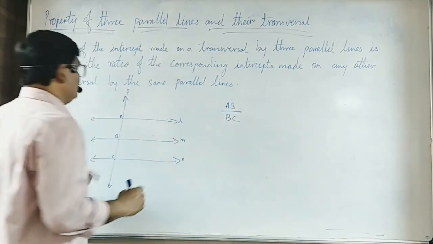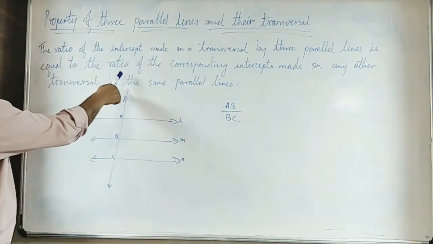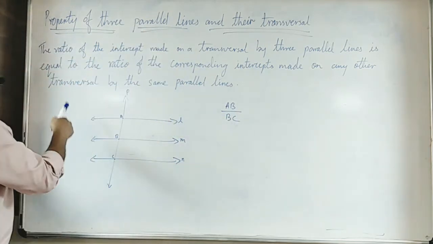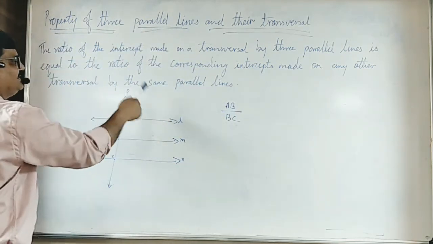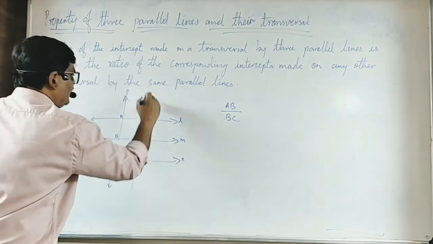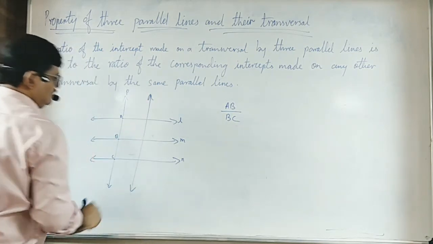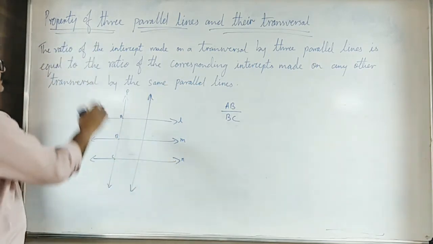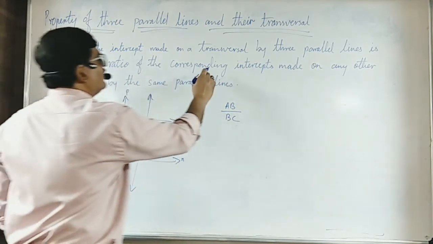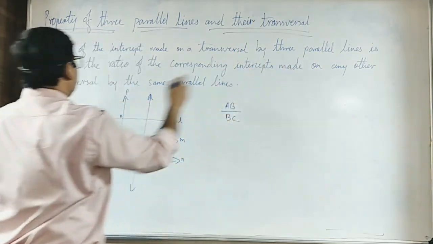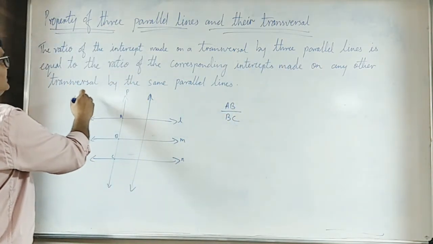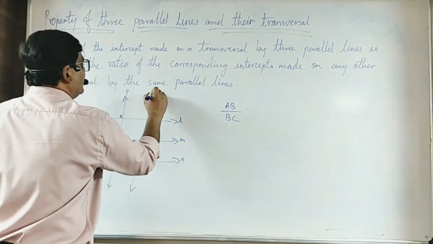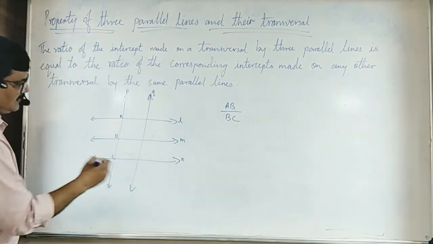AB upon BC is equal to the ratio of the corresponding intercepts made by any other transversal on the same parallel lines. That means if I have any other transversal on those same parallel lines, can you see that? So you have the same parallel lines, and I have Q as another transversal.